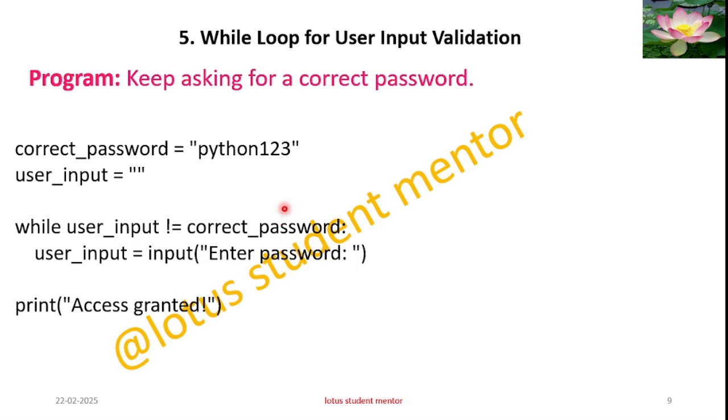If the user input matches the correct password, then the output becomes access granted. Now suppose at enter password, you type 123, it asks enter password again. Suppose you type Python123, then yes, access granted takes place. That's how a while loop can be used for user input validation.